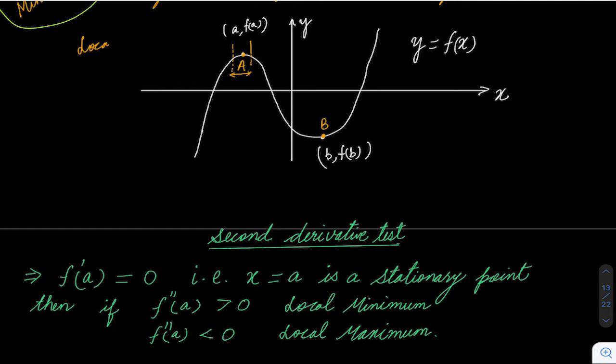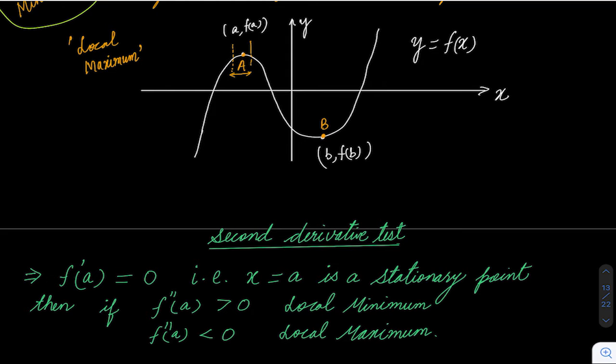That's why it is called local. Local means in a small neighborhood or a small interval. Sometimes we just skip the word local and call it the maximum point or maxima, but the better definition is local maxima.